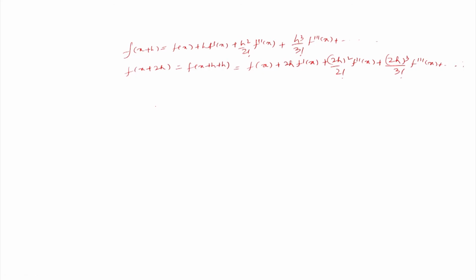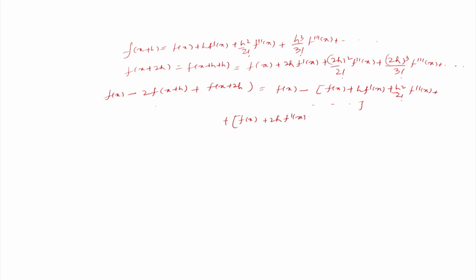So if you consider f of x minus 2 f of x plus h plus f of x plus 2h here, then we can get it as f of x minus f of x plus h f dash of x plus h square by 2 factorial f double dash of x plus all other terms, and plus f of x plus 2h f dash of x plus 2h whole square by factorial 2 f double dash of x plus 2h whole cube by factorial 3 f triple dash of x.